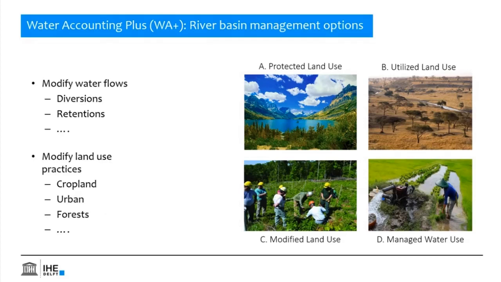Maybe one more question. Let me post the second question. Which land use category does rain-fed cropland belong to? And I will start a poll. You have to choose A, B, C, or D. From the previous question, you might already get a hint for this.